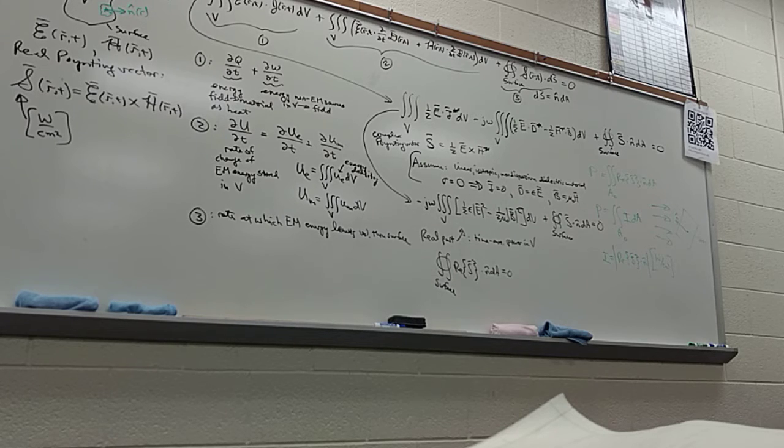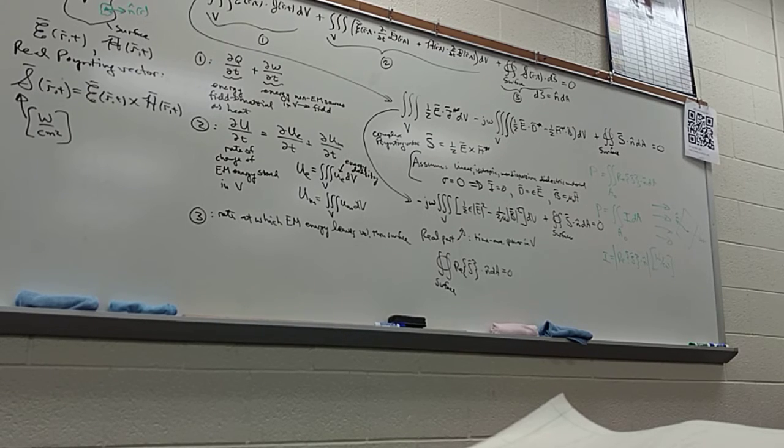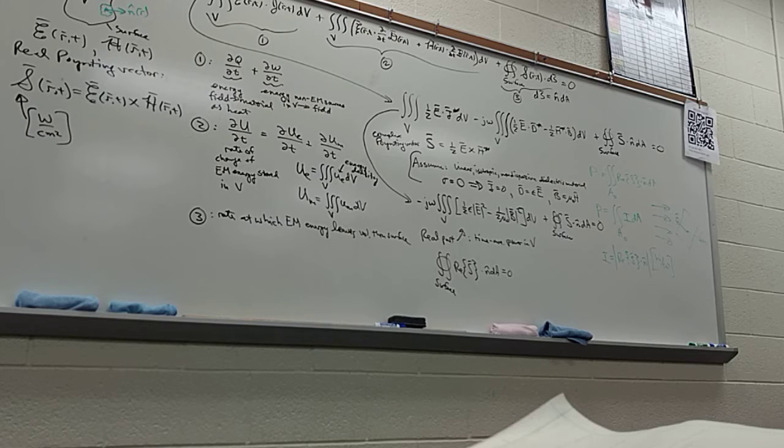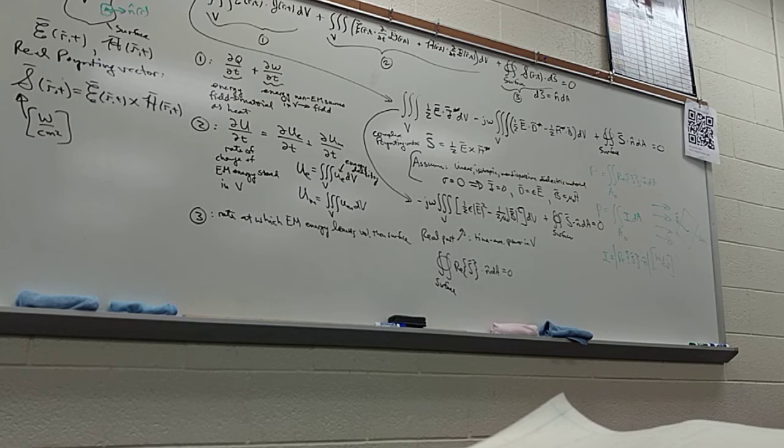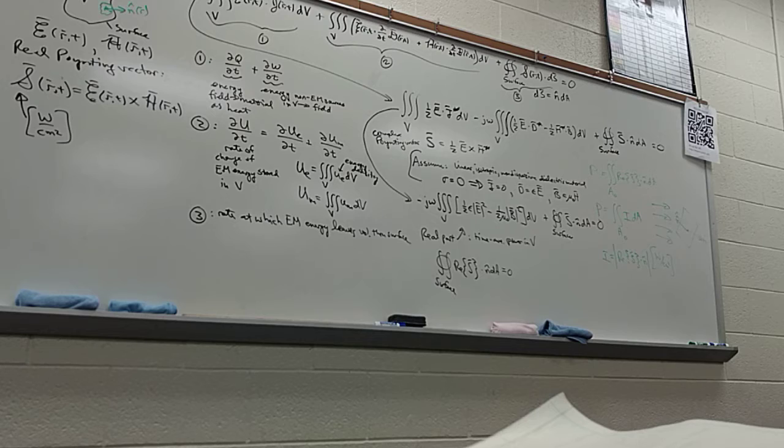And likewise, the magnetic field complex amplitude vector will be some constant complex vector H naught times e to the minus j k dot r. E naught and H naught are just constant complex vectors. And so I could write E naught as an x component.